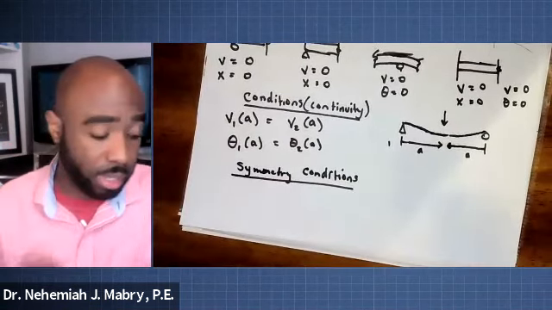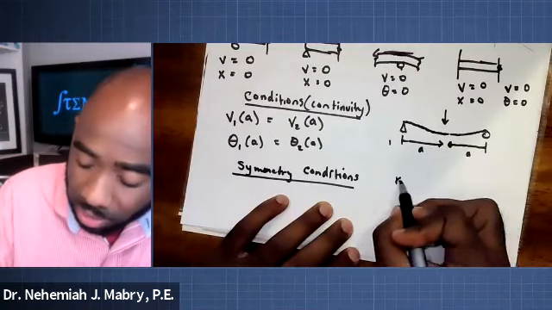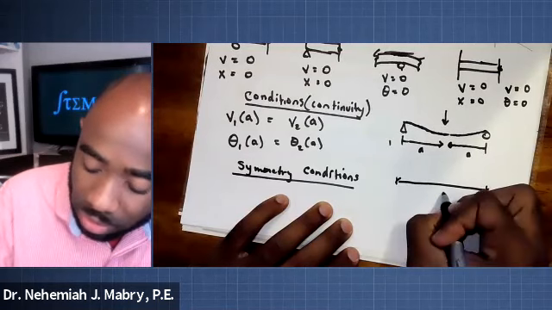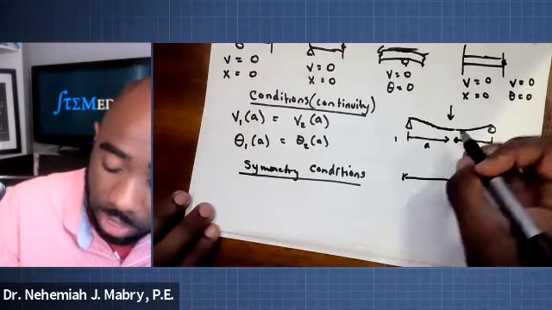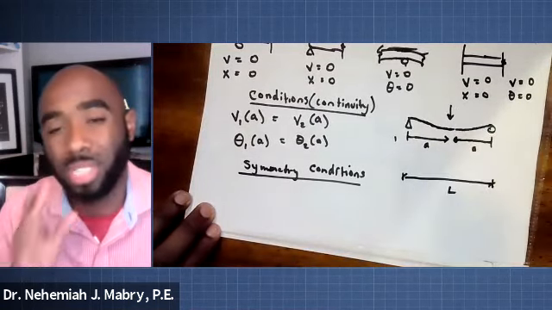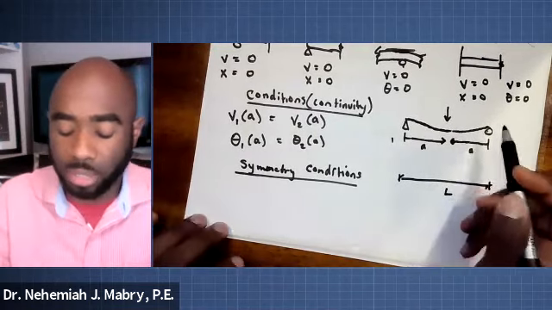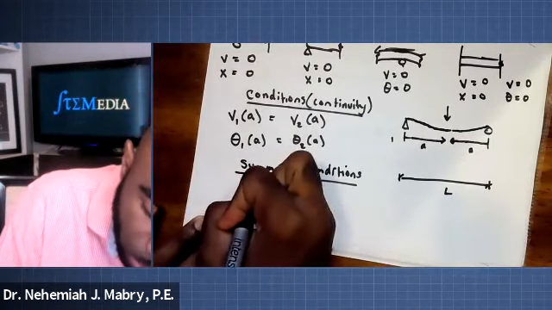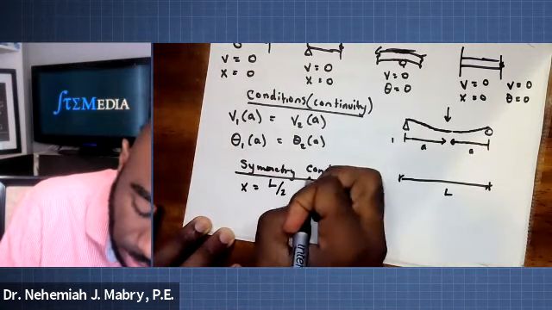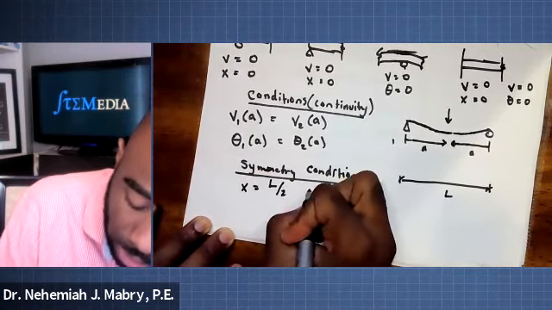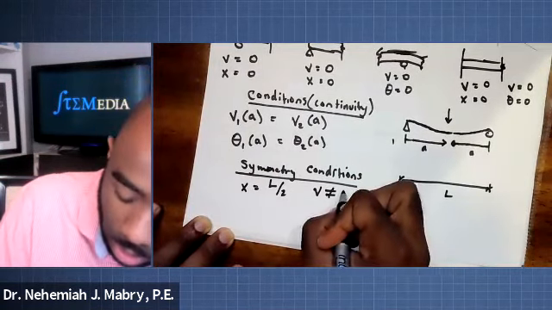And what that basically means is, let's just say that this entire length of this beam, still using this beam, was the length L. That means that if this thing is symmetrically loaded, if it's loaded directly in the middle, and you have the same type of deflection on one side that you have on the other side, that means when x is equal to half of L, that V does not equal 0.